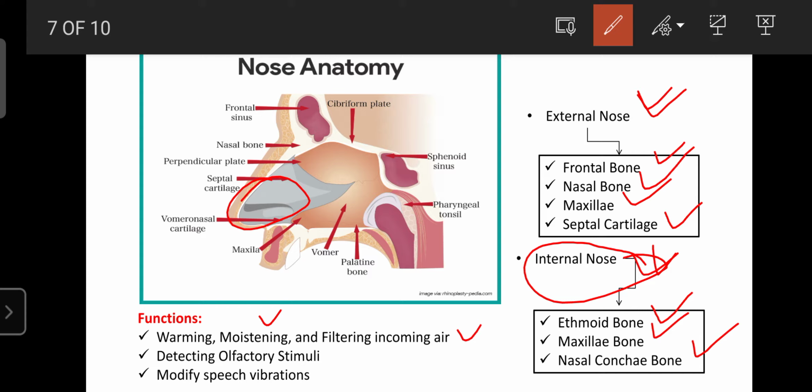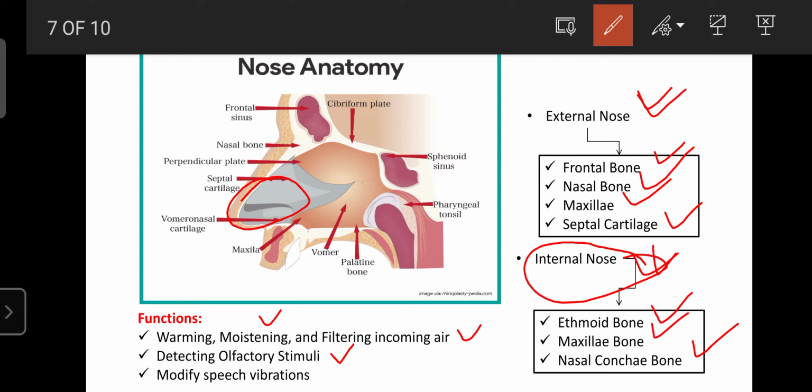So next, the nose is also helpful for the detection of olfaction, that is the smell, because the nose mainly consists of a special type of receptors. Those receptors are known as the olfactory receptors, and they are interconnected with the olfactory nerve.